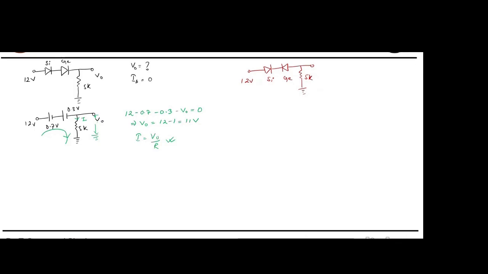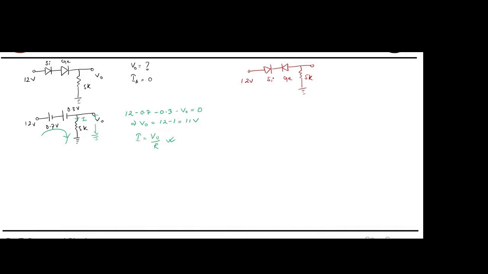Or both will be off. Both will be off because they are in series. If germanium is off, then no current will be flowing in this part. So both will be off. Remember this. Right? Fine.